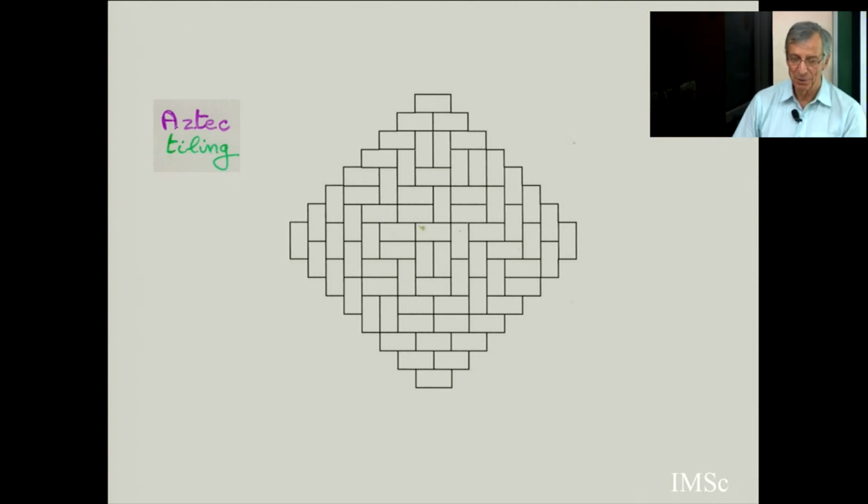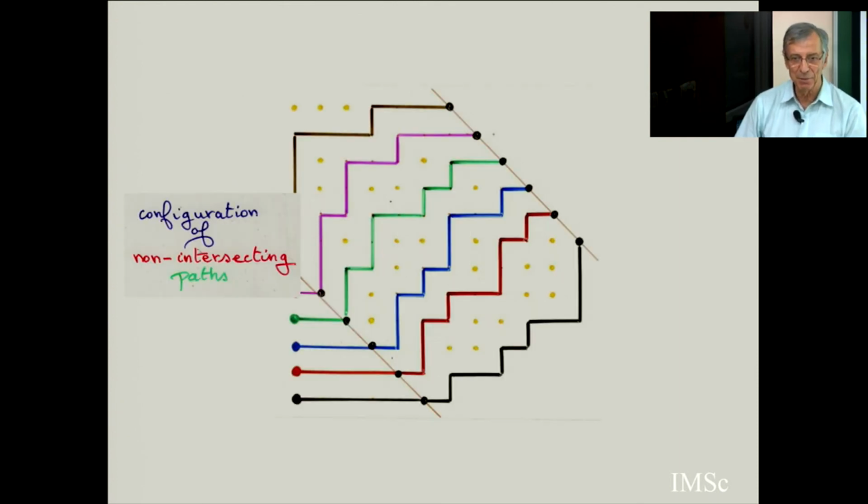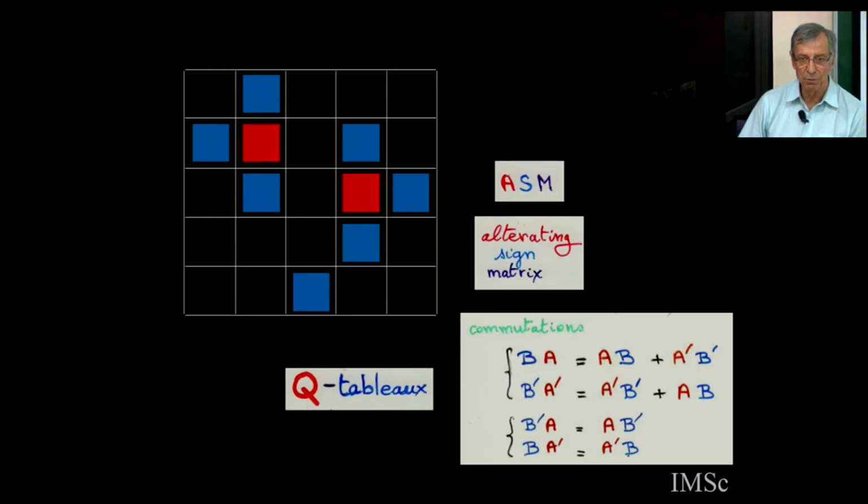This is a deep, very beautiful result. And we will put this as a Q-tableau of a certain quadratic algebra. We have seen non-crossing configurations of paths, which will also be put under the same roof. And alternating sign matrices will be the Q-tableaux of this quadratic algebra with 4 generators and 4 relations.